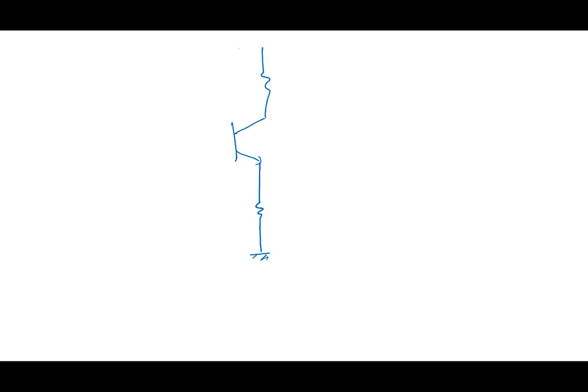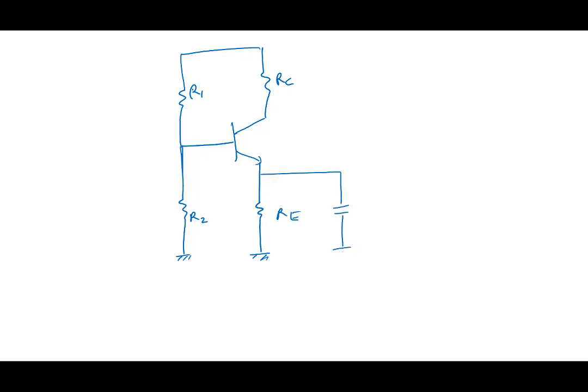Let's draw this circuit again. R1, R2, RC, RE, here, and here our amplifier, Vs. And let's take the values that we took here.